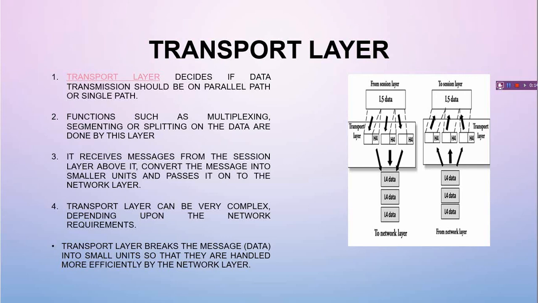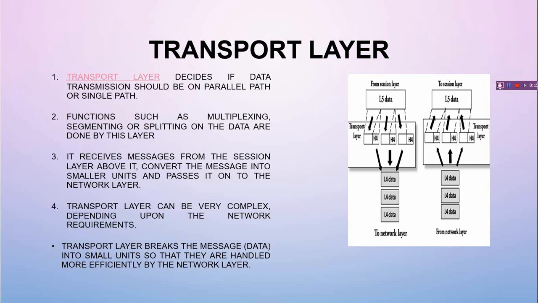It receives the message from the session layer above it, converts the message into smaller units and passes them to the network layer. Means it takes data from the session layer and splits the data into small segments, and the small segments are passed to the network layer. This layer can be very complex depending upon the network requirement.